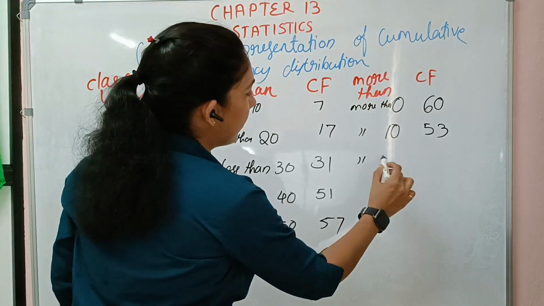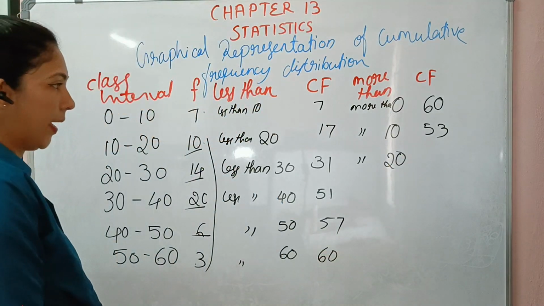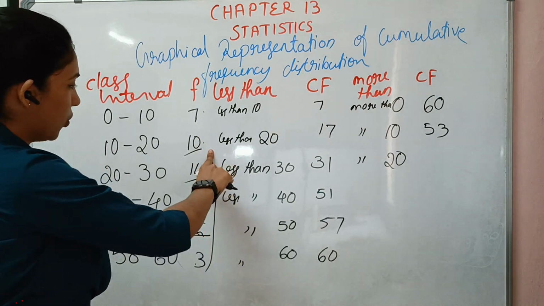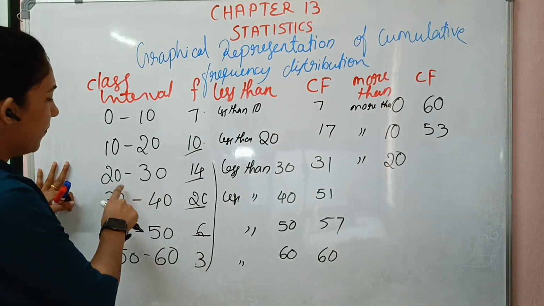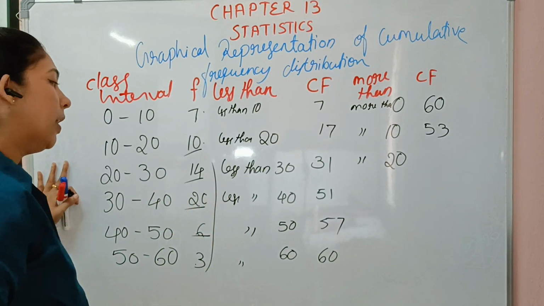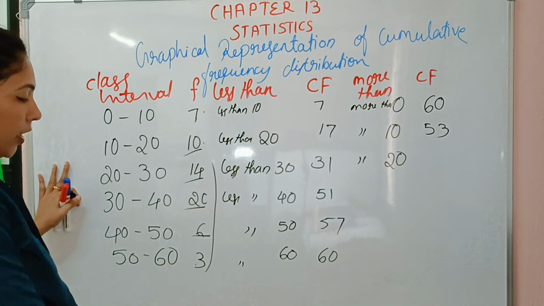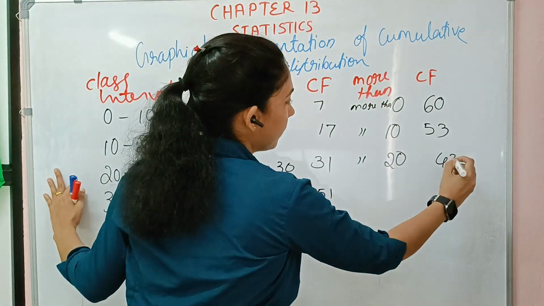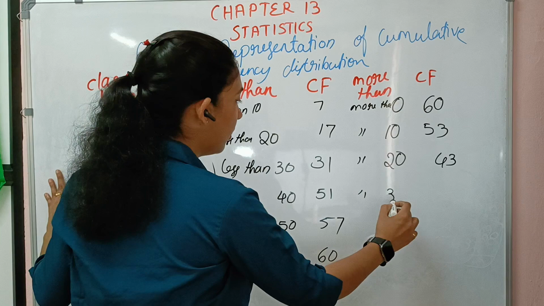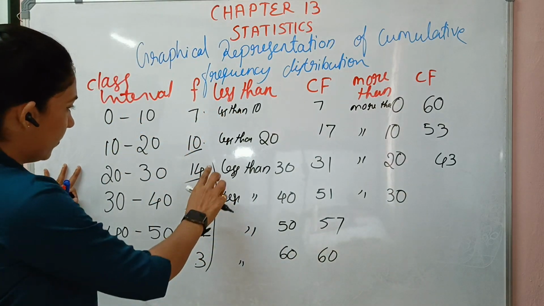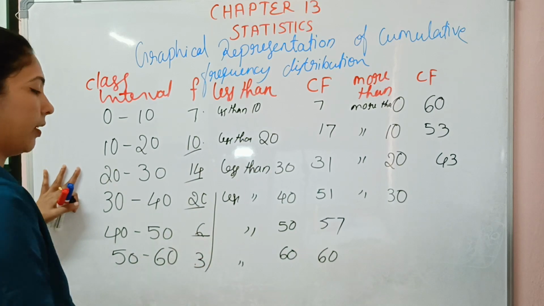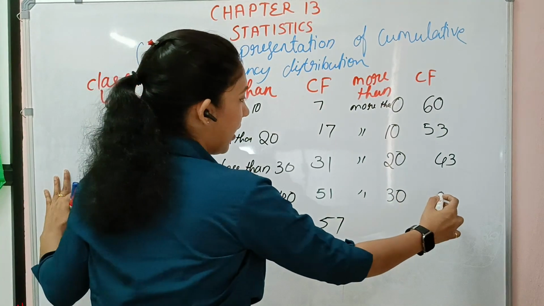And more than 20. What all numbers should be considered? From this to this, that is 14 plus 20, 34, 34 plus 6, 40, 40 plus 3, 43. Now more than 30. Consider the last three numbers, 20, 6, 3, which means 29.